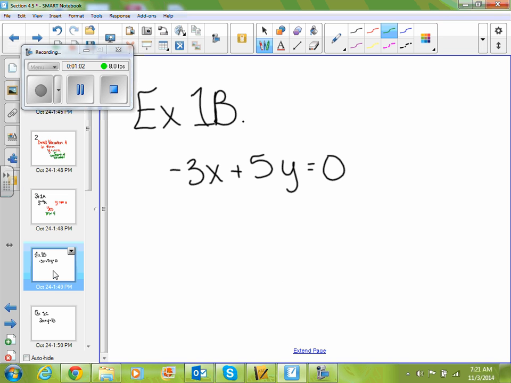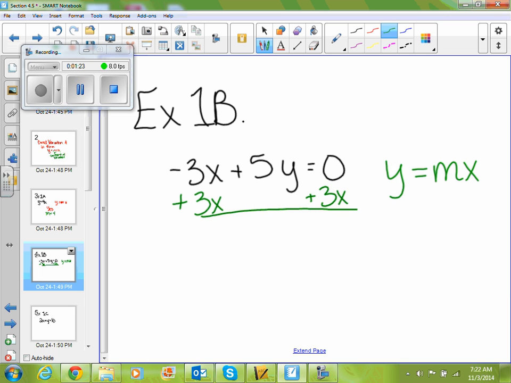If we look at 1b, we have negative 3x plus 5y equals 0. We need to see if it's a direct variation by getting it in the form y equals mx. So we need to solve for y. So in order to solve for y, the first thing we do is we're going to add 3x. We then get 5y equals 3x, because 0 plus 3x is 3x.